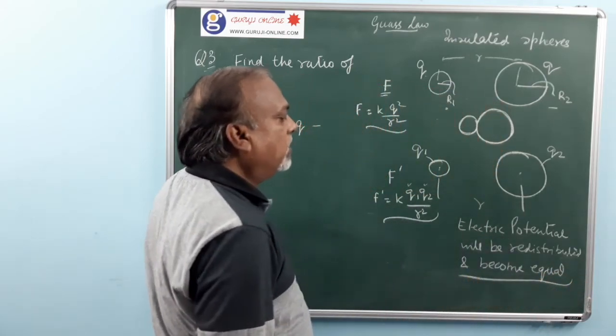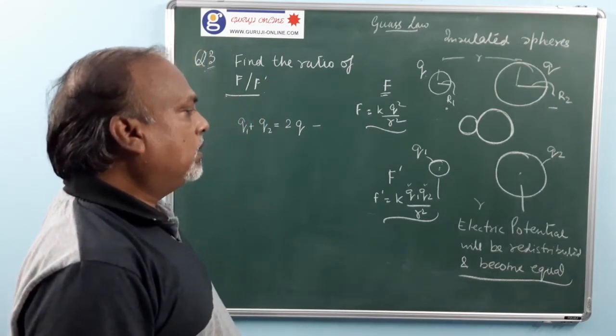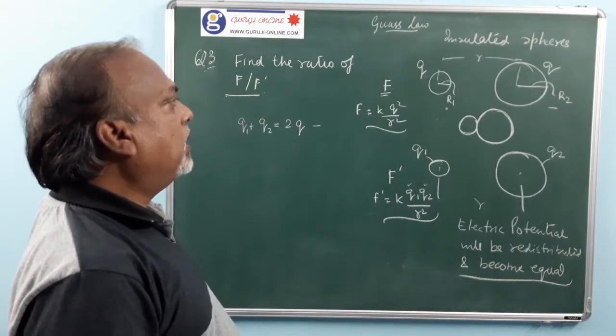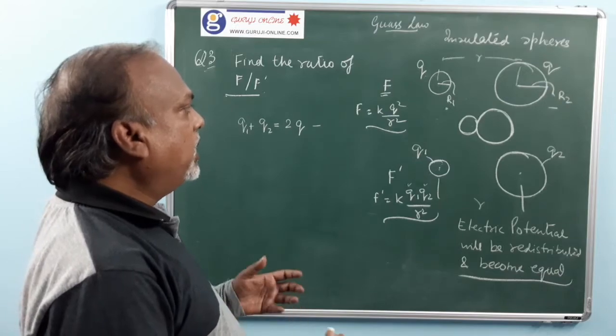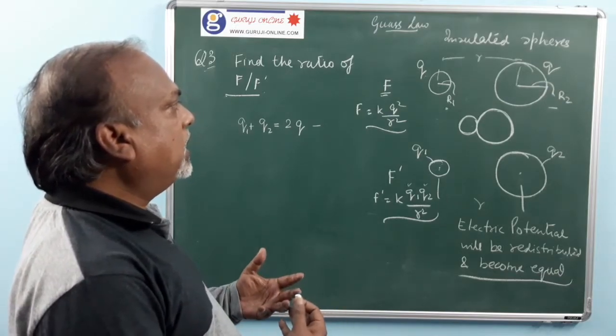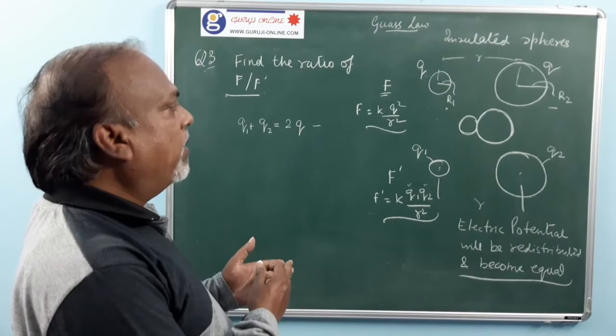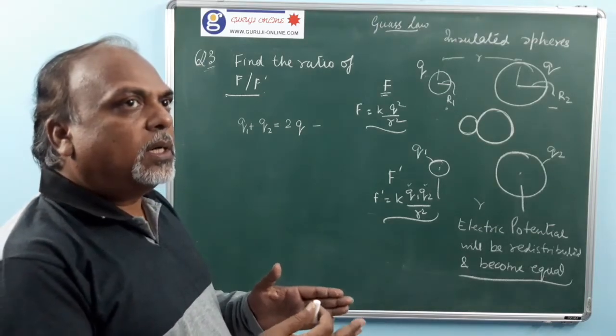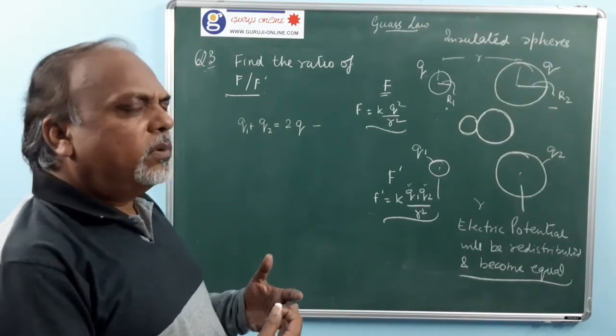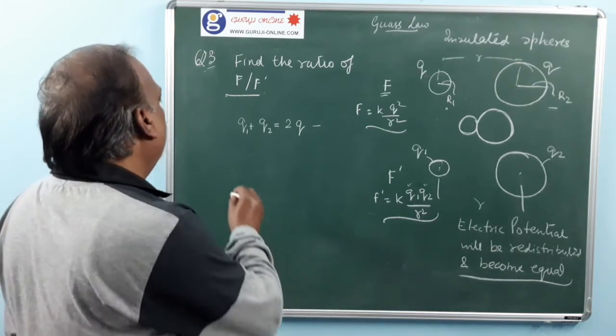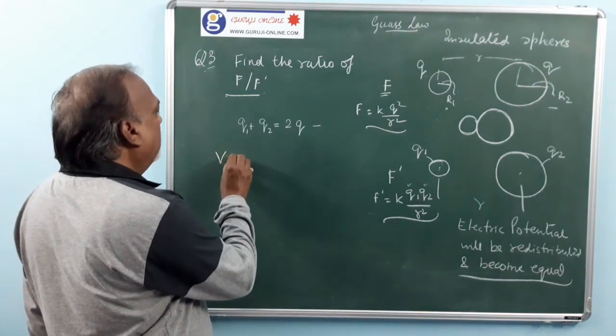This is what you have to understand, because once they are touching, from higher potential to lower potential, things will redistribute, and ultimately the potential will be the same.